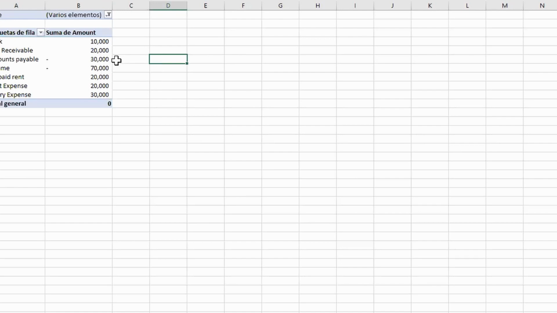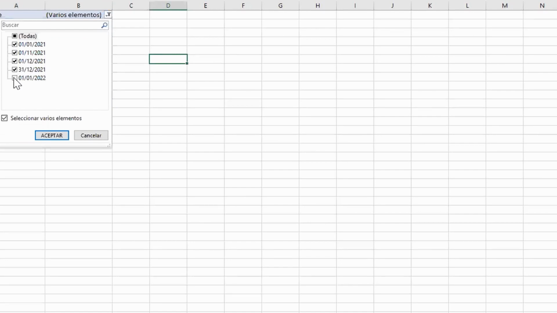But what element? Liability, perfect. And the income? Income statement, perfect. Yes, and it's part of the equity, okay? Perfect. So what I did is take out our operations from 2022.